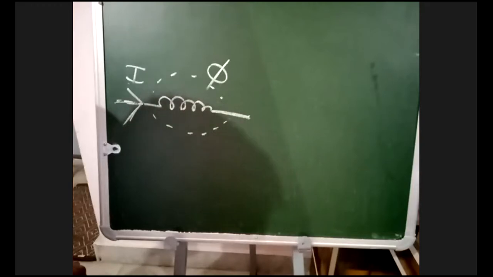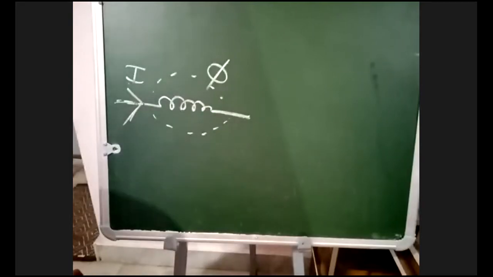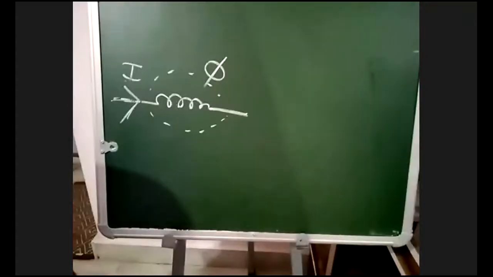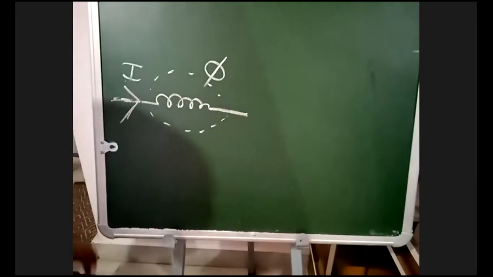Around the current carrying conductor, magnetic flux is generated. Is it clear? From the electrical quantity, we can generate the magnetic flux.